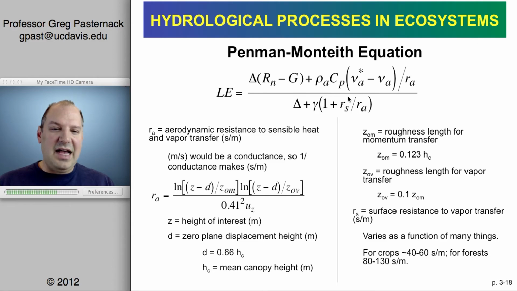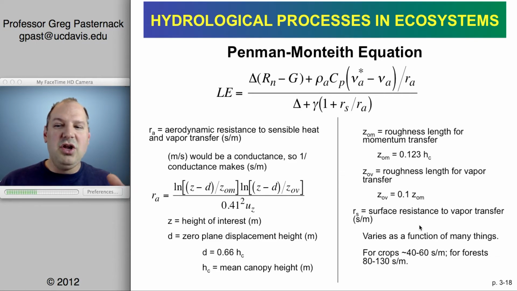Okay, and then finally, the last variable here, RS, this is the canopy or leaf or tree's resistance to wanting to give up its water. It has S here, meaning surface resistance, because the water is on the surface and those air pockets. Remember that from the Part 1 lecture.